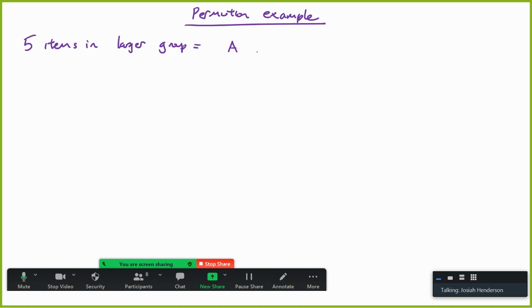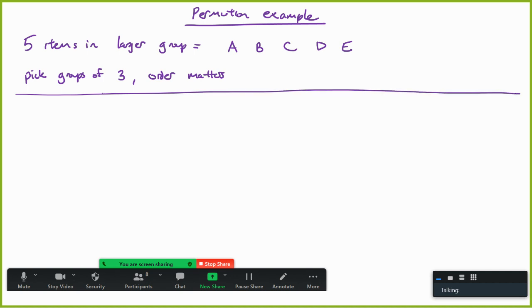So our 5 items will be A, B, C, D, and E. Pick groups of 3, and the order matters. So let's start listing them to get an idea of what we're doing, and then we're going to use the permutation formula to find the final answer.